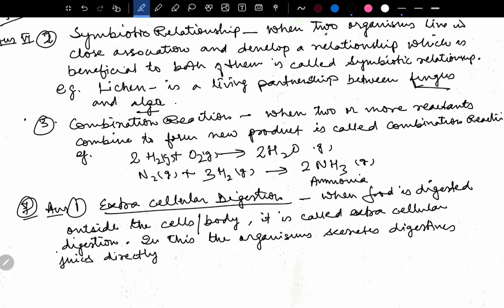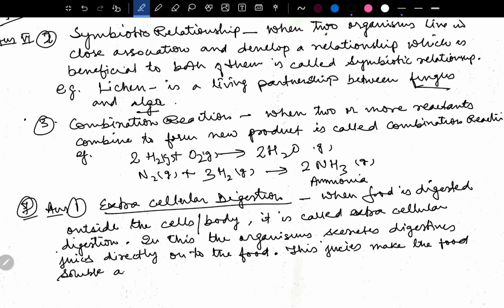Directly onto the food, and these juices turn the food into simpler form, make the food soluble, and thus the organism directly absorbs it, and this is called extracellular digestion.